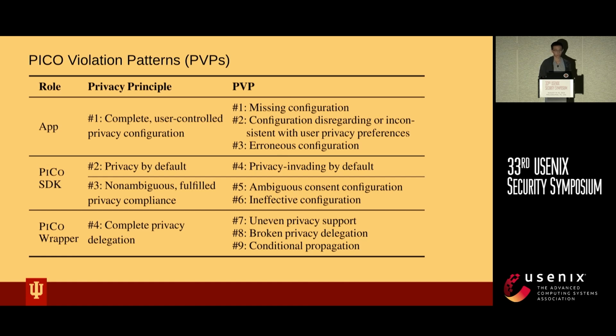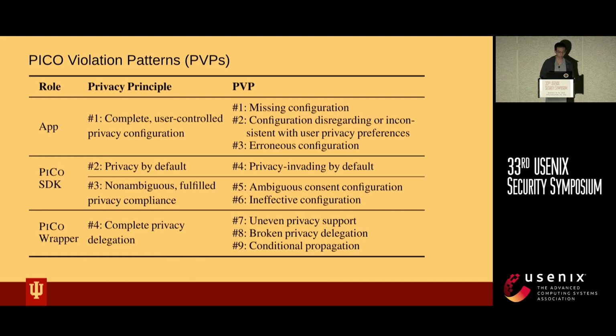In order to start our measurement and understanding, we first created several general privacy principles for each of the roles in this ecosystem. That is, we created principles for the app developer, for the PICO SDK, and for the PICO wrapper. Our principles here are high-level and general.